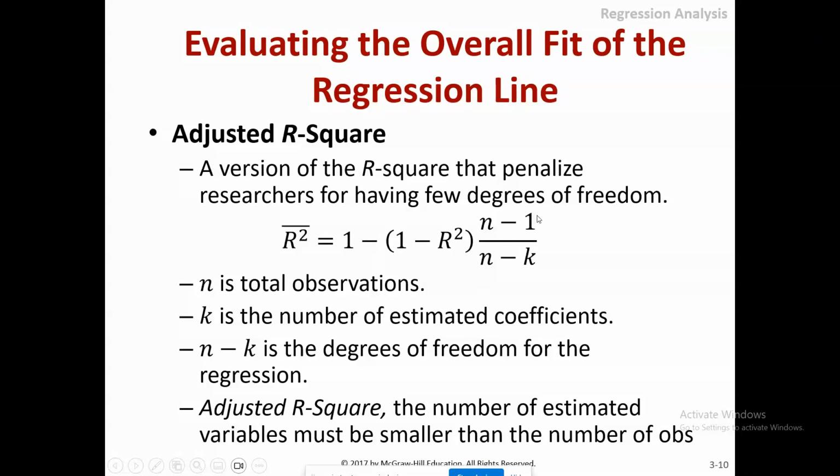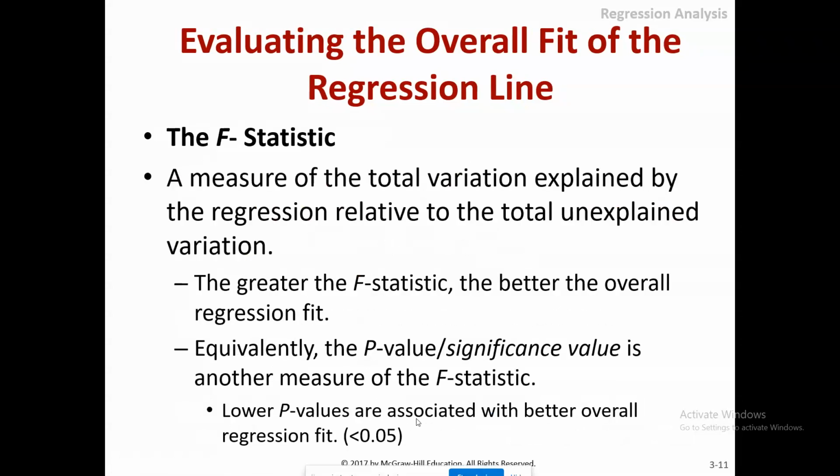So this whole thing is very large. 1 minus a very large number, the adjusted R squared is very small, even though the R squared here is big. So for adjusted R squared, we put an upper bar over here. The number of estimated variables must be smaller than the number of observations to have adjusted R squared.